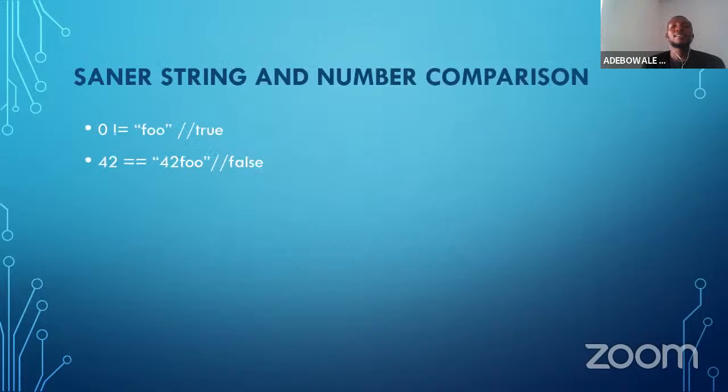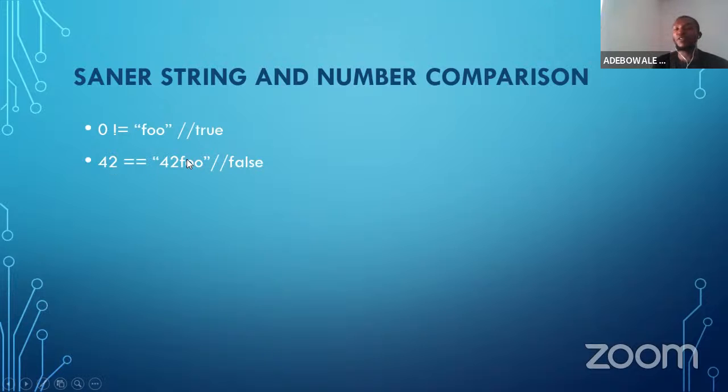Then there's this other change, string and number comparison. In the previous versions of PHP, before PHP 8, when you wanted to compare numbers and strings, for example, when you have 42 and you compare it to the string "42 full", the earlier versions of PHP would ignore the string part and only recognize the 42 as an integer, and we'd say 42 equals this.